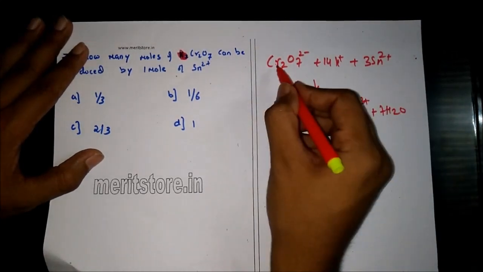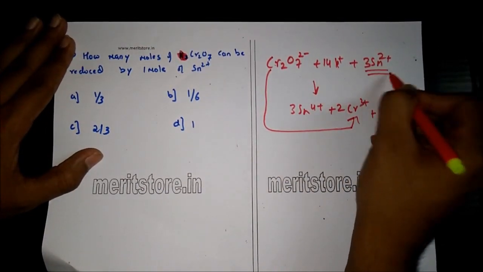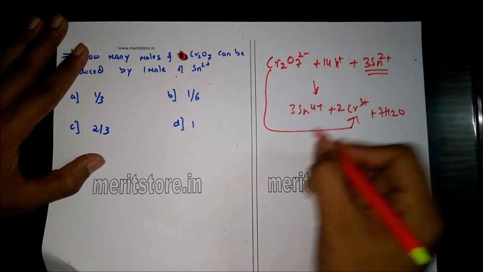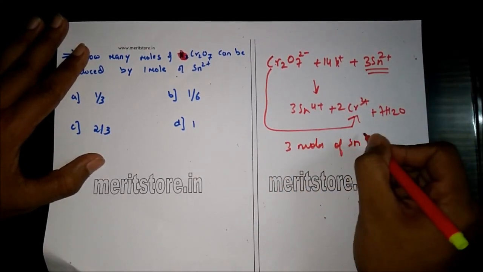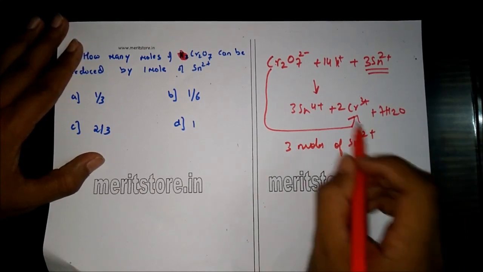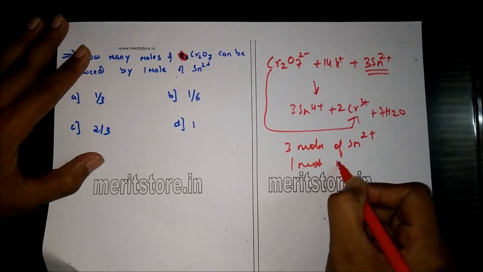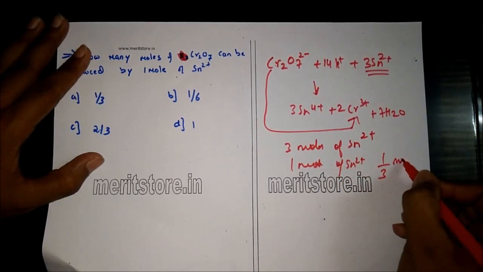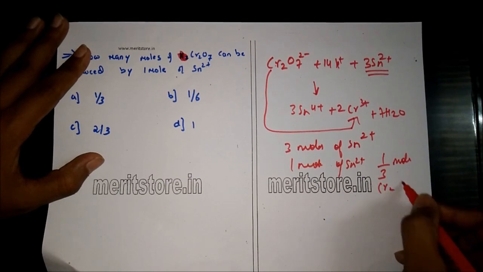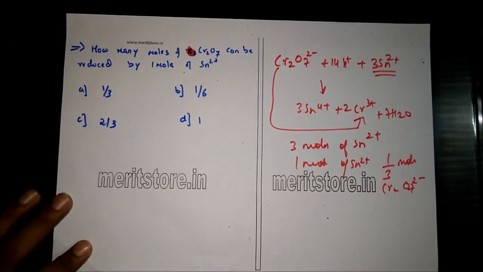This is the reduction where Cr2O7 gets reduced to Cr3 plus using Sn2 plus. Hence, it is clear from this equation that 3 moles of Sn2 plus is required to reduce 1 mole of Cr2O7. Hence, 1 mole of Sn2 plus will be required to reduce 1/3 moles of Cr2O7 2-. Therefore, the correct answer here is option A, 1 by 3.